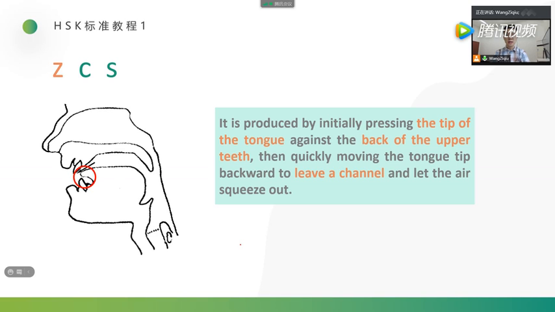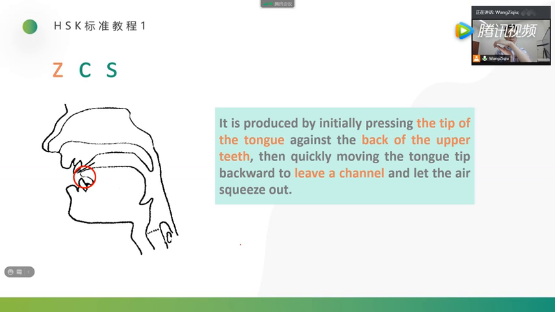It is produced by initially pressing the tip of the tongue against the back of the upper teeth. For example, like this is your upper teeth. This is your tongue. Put it here. And press the tip of the tongue against the back of the upper teeth.